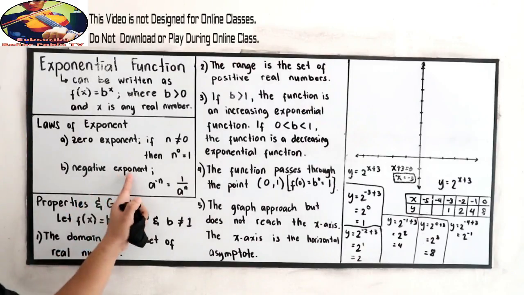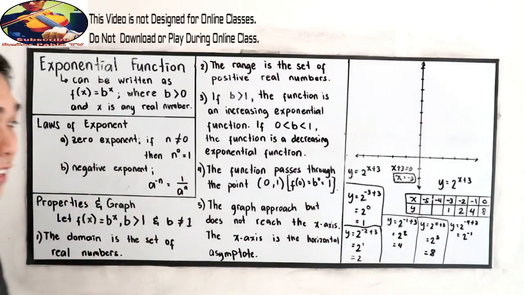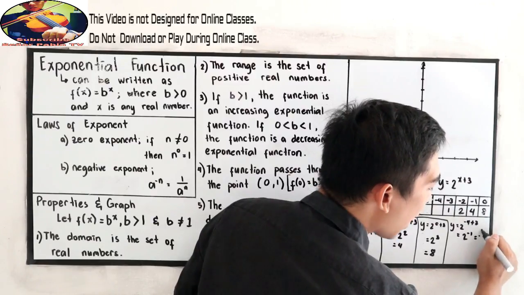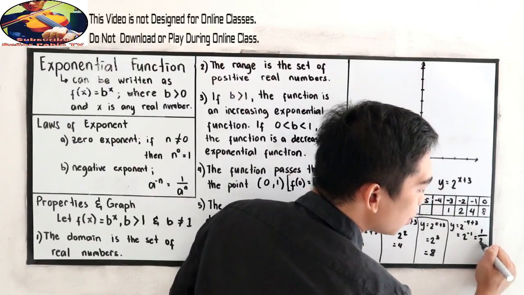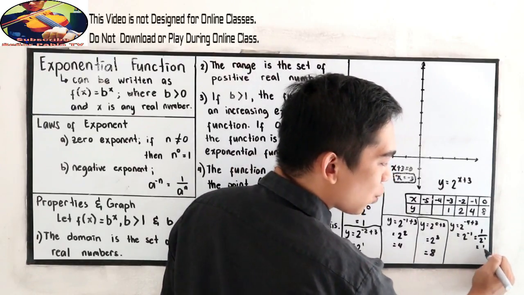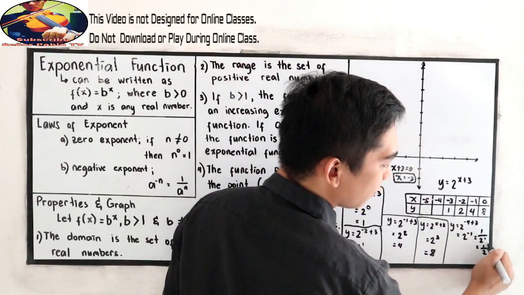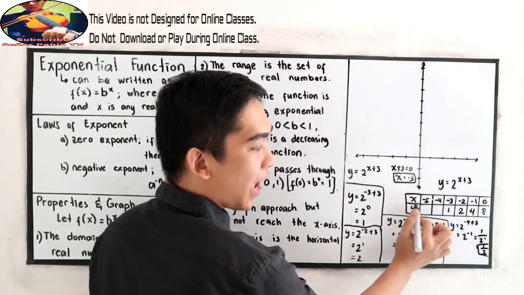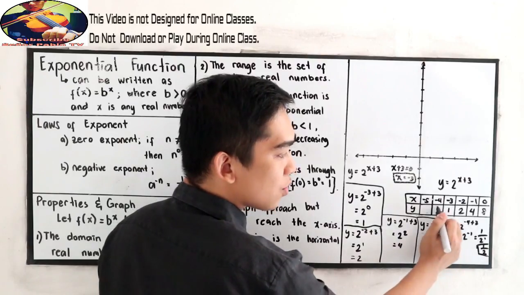Applying our negative exponent, we have 1 over 2 raised to 1. So that is 1 over 2. So if x is negative 4, y is 1/2.